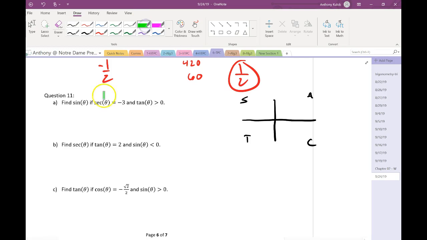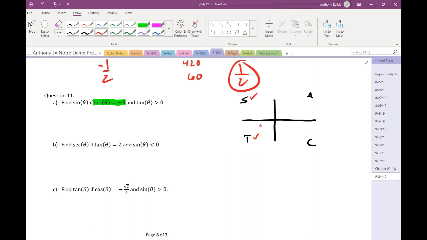So the first thing I'm going to do is deal with this piece of information that secant of theta is -3. So I know secant is going to be negative wherever cosine is negative, because secant is just the reciprocal of cosine. So I know cosine is negative in the second and third quadrants. Remember, when we write the letter there, that's the function that's positive in that quadrant.